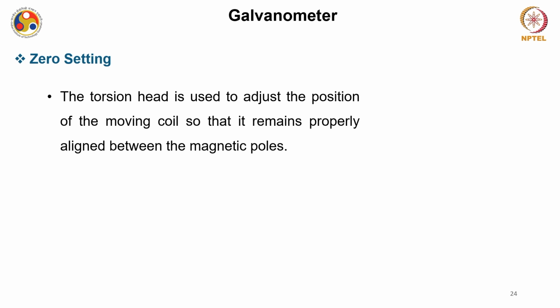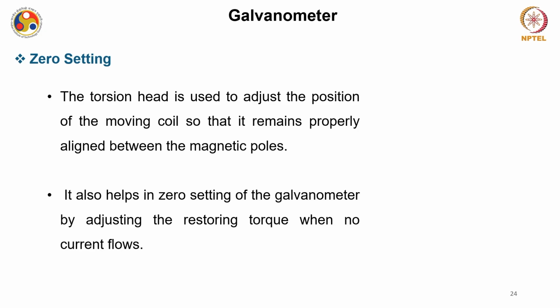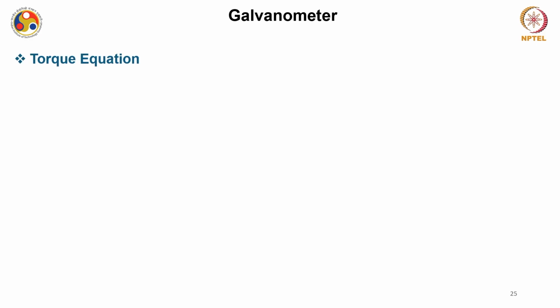This torsion head is a small screw kind of thing which is movable in nature. It also helps in zero setting of the galvanometer by adjusting the restoring torques when there is no current flowing in the galvanometer. Now we have understood the basic construction, which is very similar to what we have seen in the electromechanical indicating instruments.